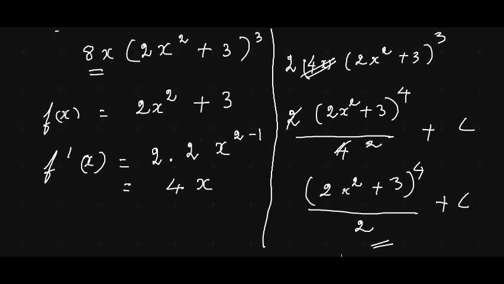To summarize how I solve this problem: when you have some expression multiplied by some other expression to the power of something, you have to see if you can break it down into the form f prime of x multiplied by f of x the whole to the power of something. If that is the case, then I know what f of x is, which is whatever the expression is inside the power operation. You differentiate it, and when I differentiated that, I got 4x.